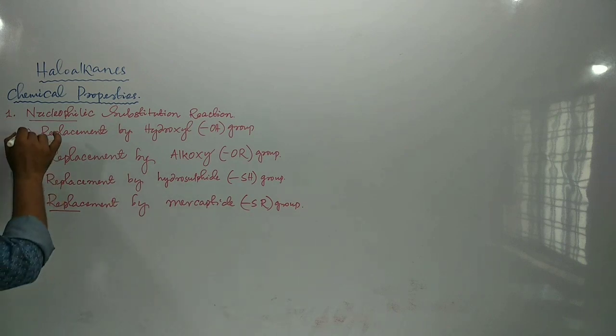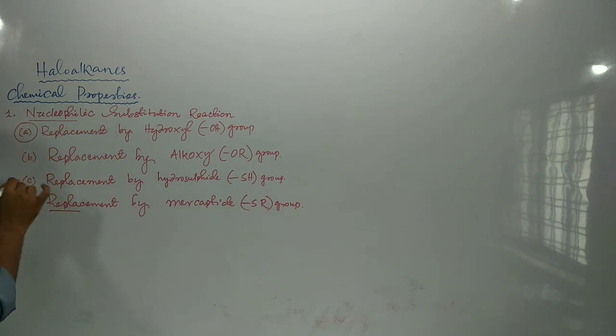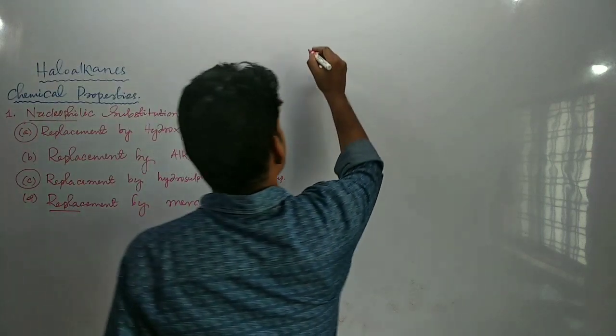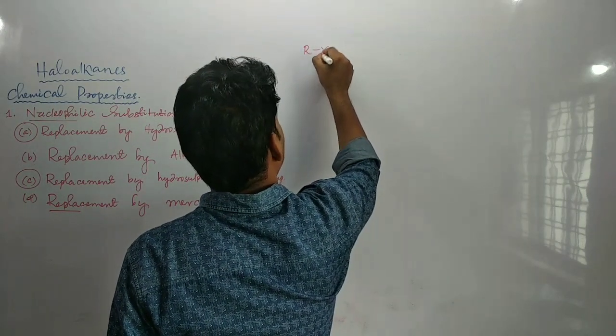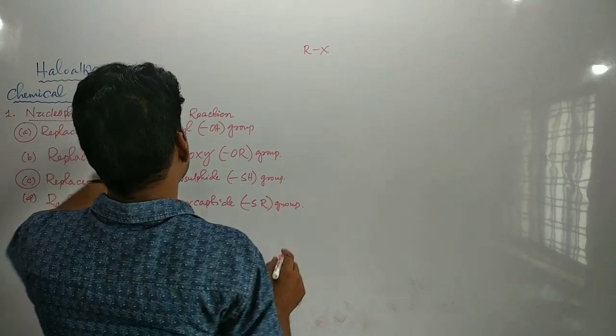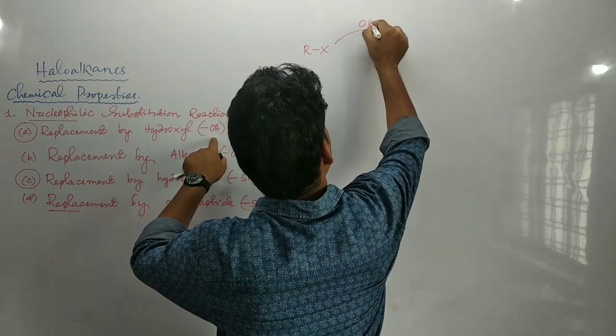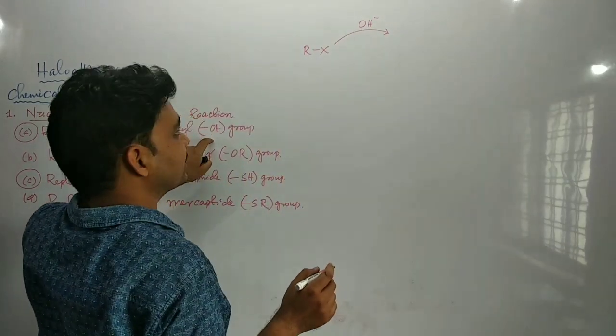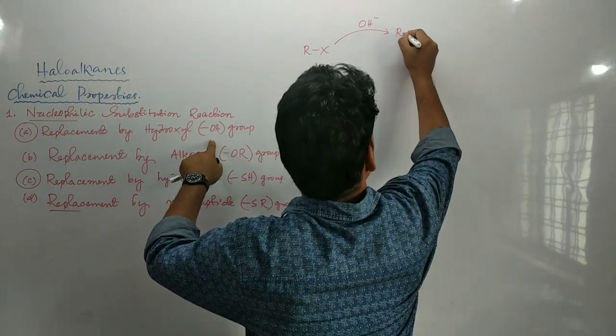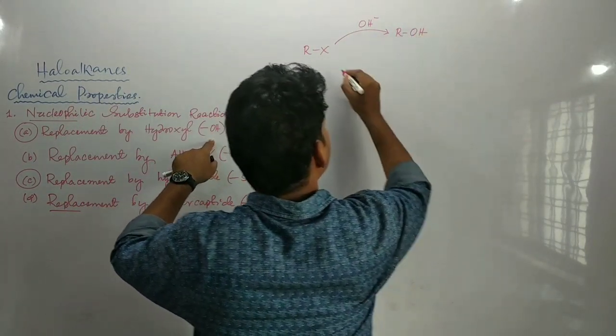Listen. Just focus on the first example and the third example. The substrate was alkyl halide RX. When it is treated with hydroxide ion OH minus in the first reaction, what was the product? Alcohol, right?